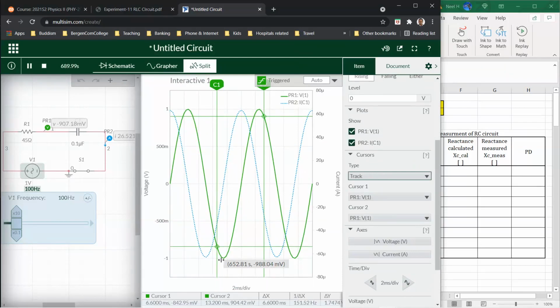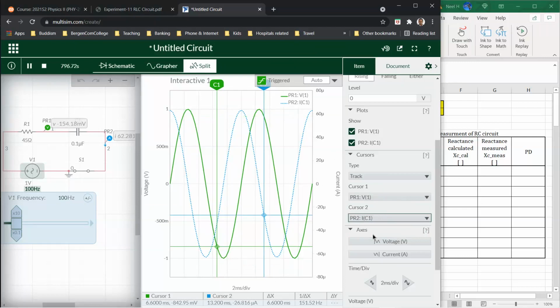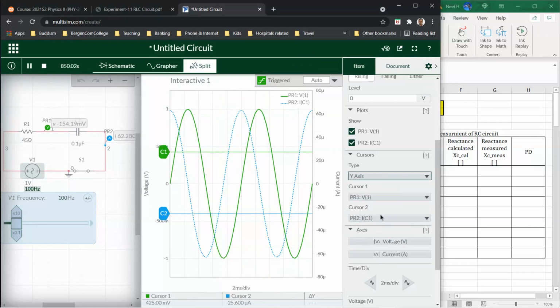What we are interested in is the y-axis values. Left-hand side y-axis is voltage, right-hand side y-axis is the current. I can put one cursor on the voltage and the other on the current, then we can measure both.